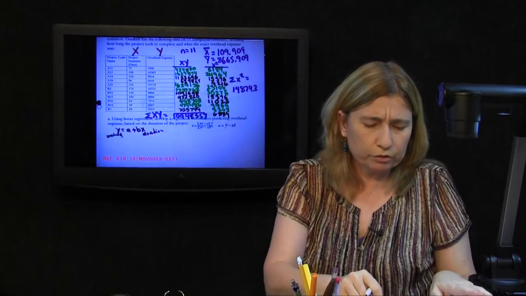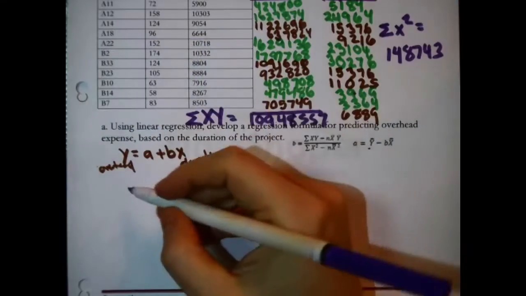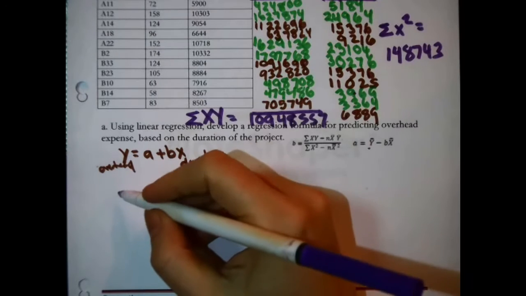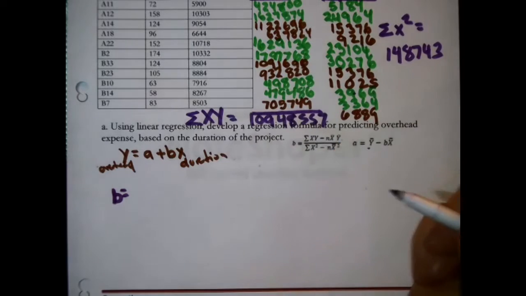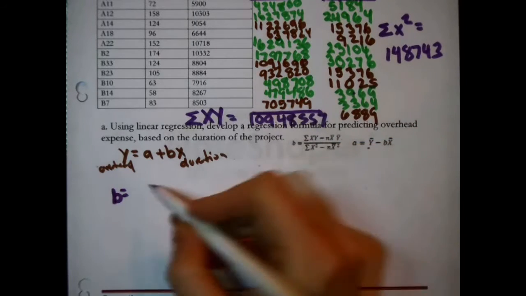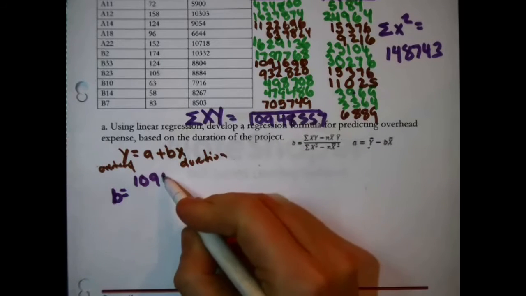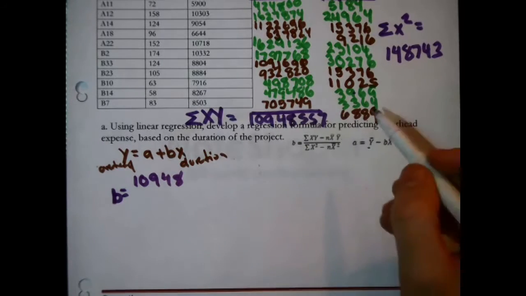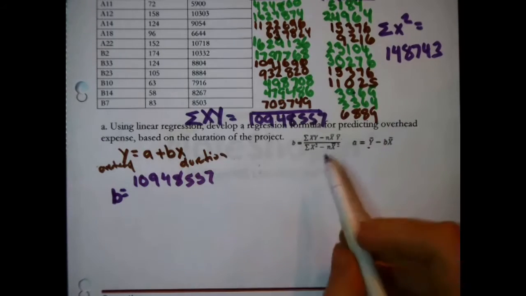All right, so the slope of the regression line that relates the duration of the project to the overhead expense for Dunkirk Consulting, b equals, well, the sum of x times y, that's that great big number, 109.485557. Okay, so that's that part right there.